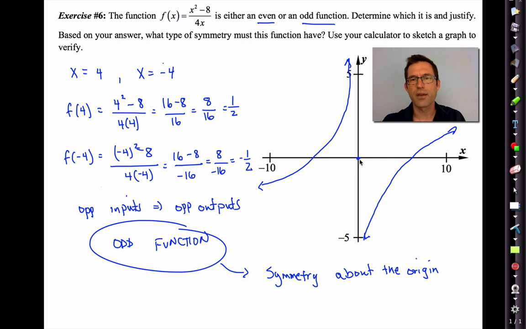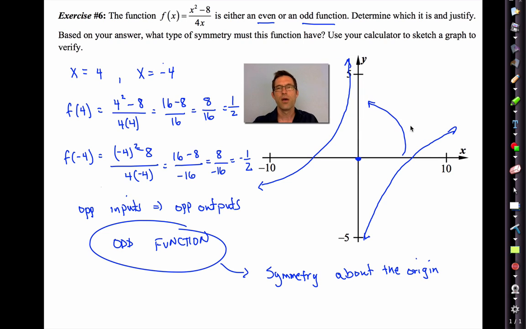If you took this thing and you rotated the entire graph 180 degrees about the origin, it would end up landing on itself. That's what it means to have symmetry about the origin, right? Which is kind of cool. All right, pause the video now, write down anything you need to, and then we'll wrap up the lesson.